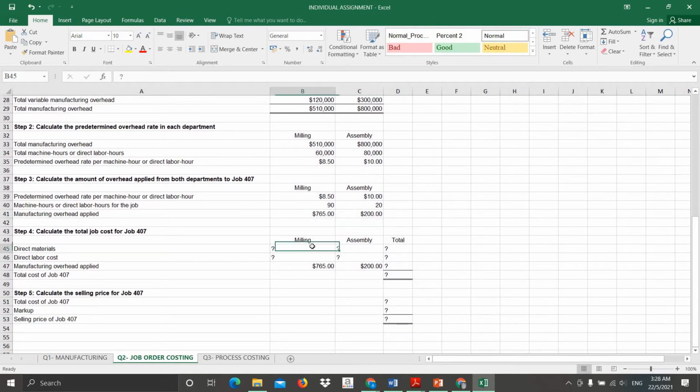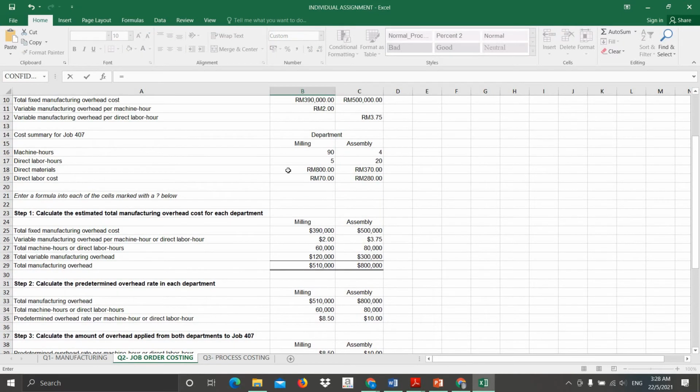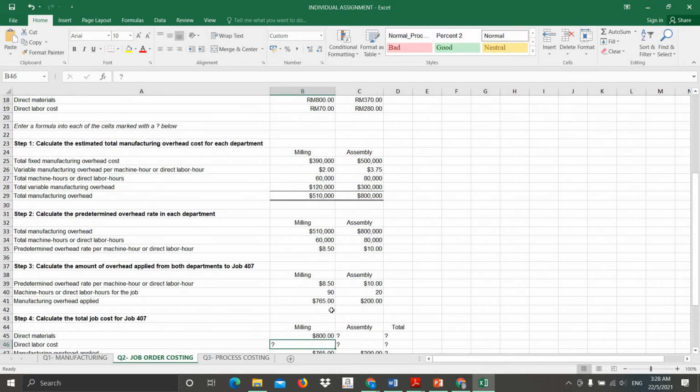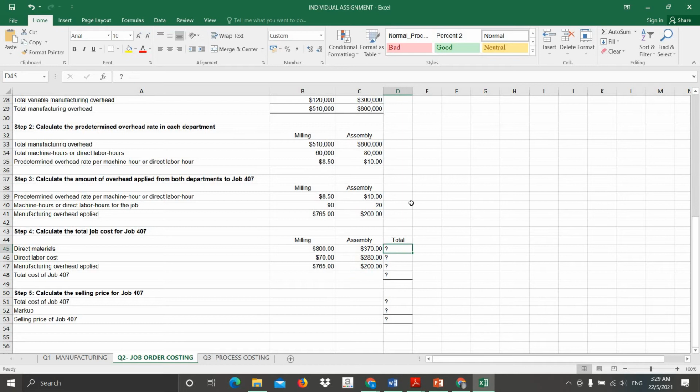So for this one, we can get it from here. And for this one, okay, for the total here, you just need to add up milling department and assembly department together.